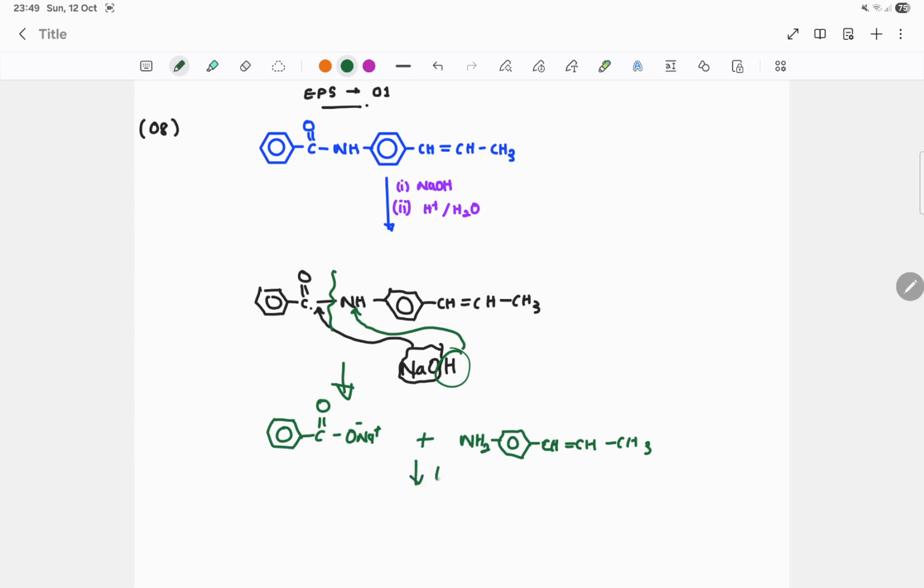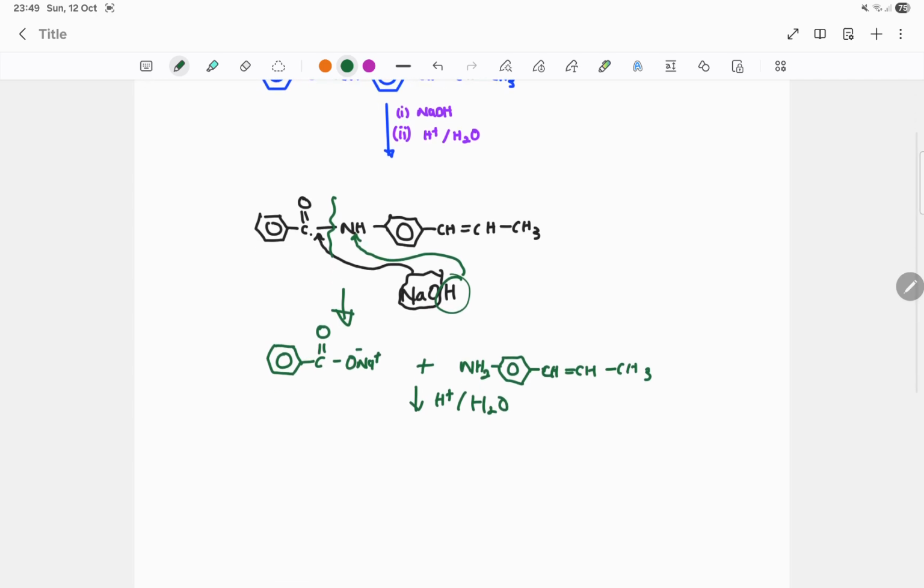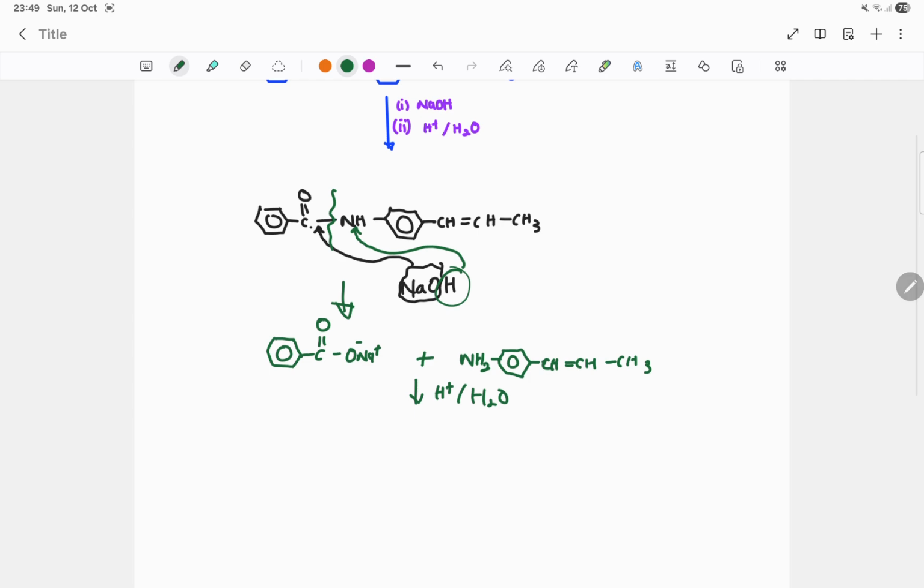So the reaction doesn't stop here. I also have added H plus and H2O, right? When we add H plus and H2O, nothing will happen here, but here this will happen: COOH and NH2.